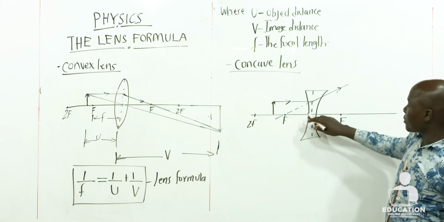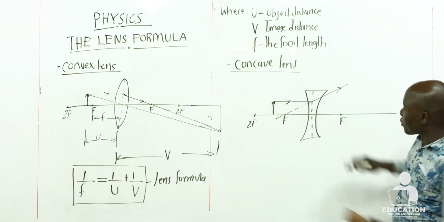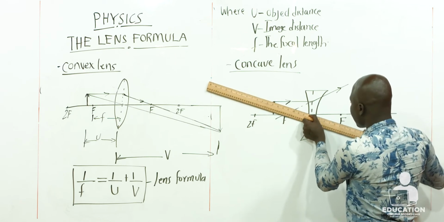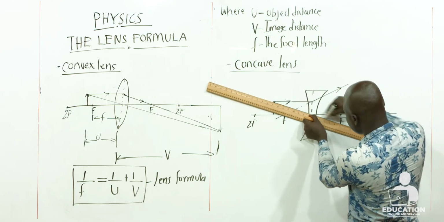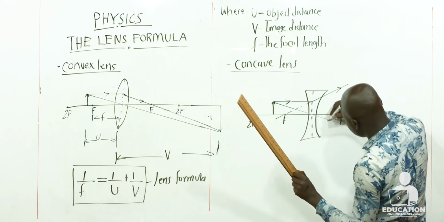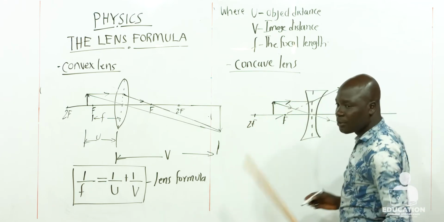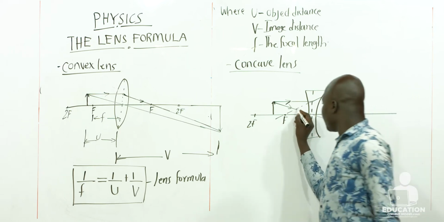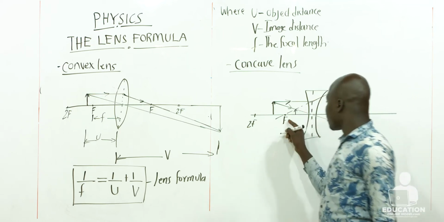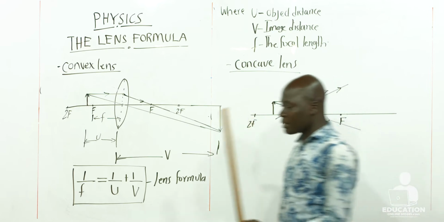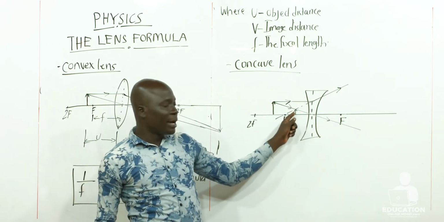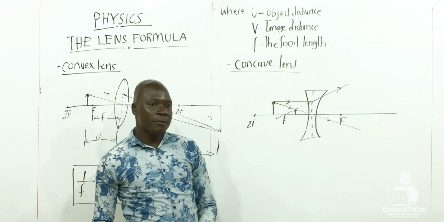Then we shall also have a ray through the optical center which goes undeviated, meaning its direction will not change. So these are the two rays that we have. So we shall find that the image is formed in between the focal length and the optical center. But this image is formed by apparent intersection of rays.